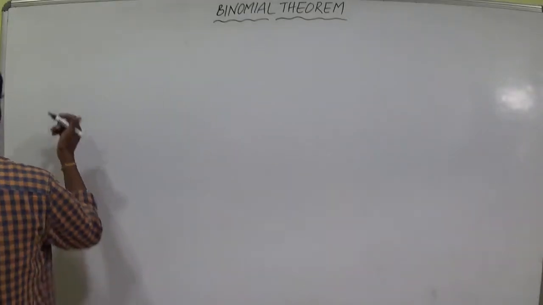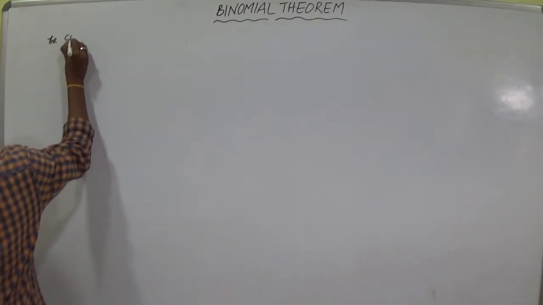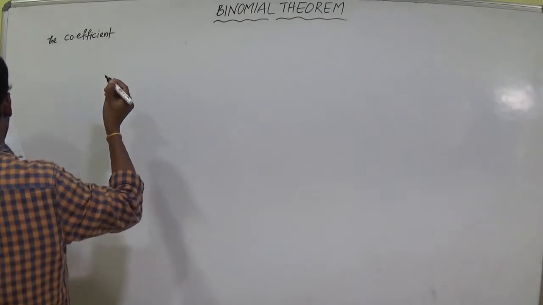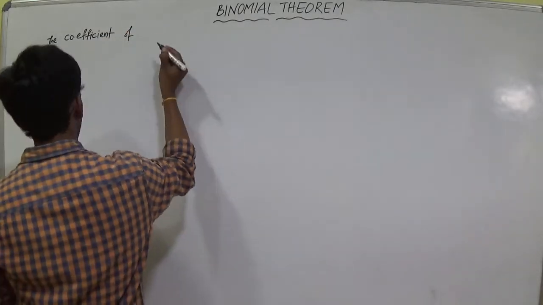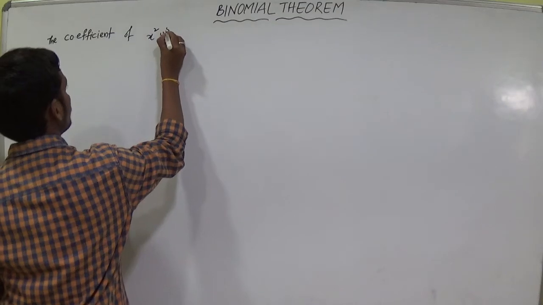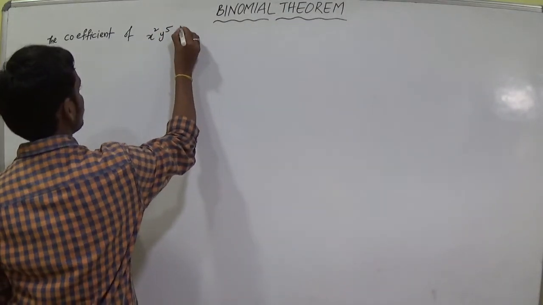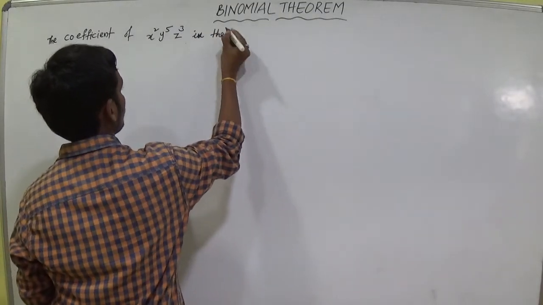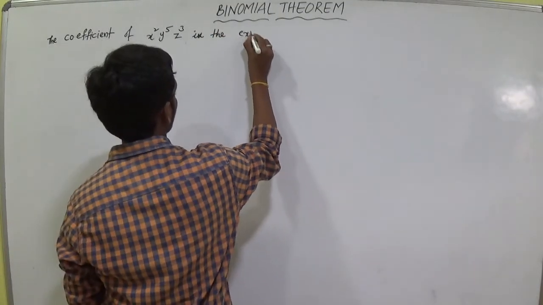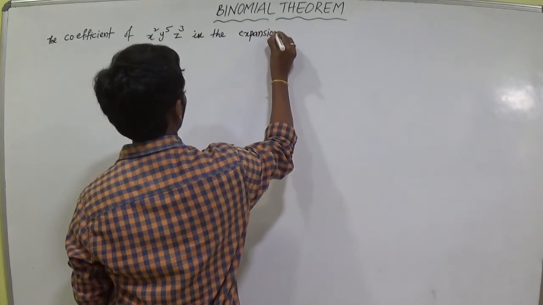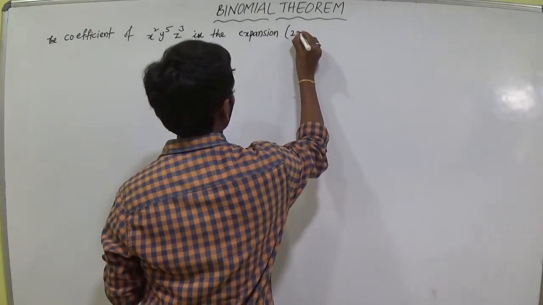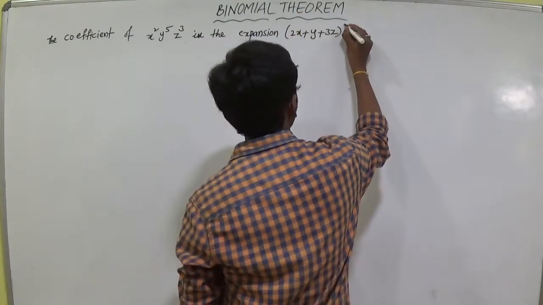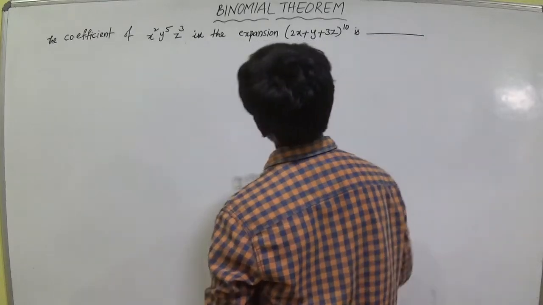The problem is: the coefficient of x square y power 5 z cube in the expansion of 2x plus y plus 3z whole to the power of 10 is dash.